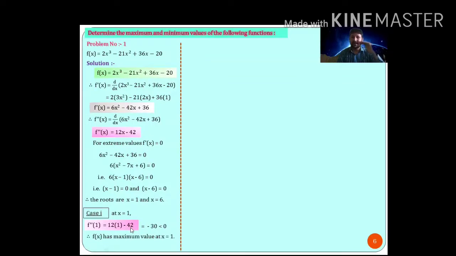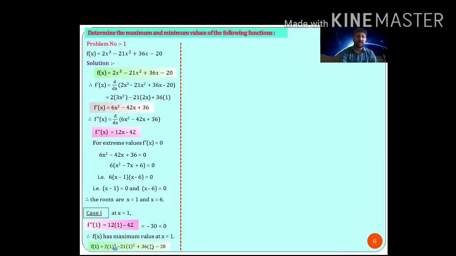Next, to determine the exact maximum value of f(x), substitute x = 1 in the given function f(x) = 2x³ − 21x² + 36x − 20. Then simplification: 1 cubed, 1 squared, 1 product, the value remains the same.